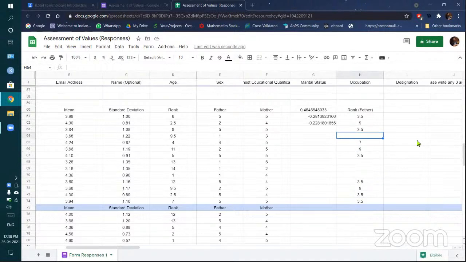So 12.5 on the rest, I think. 12.5. Yeah. Plus.